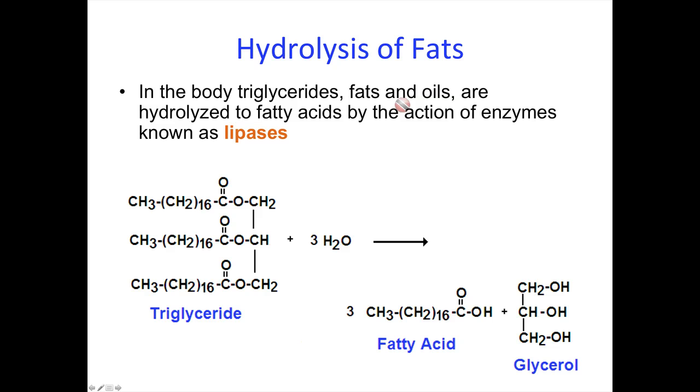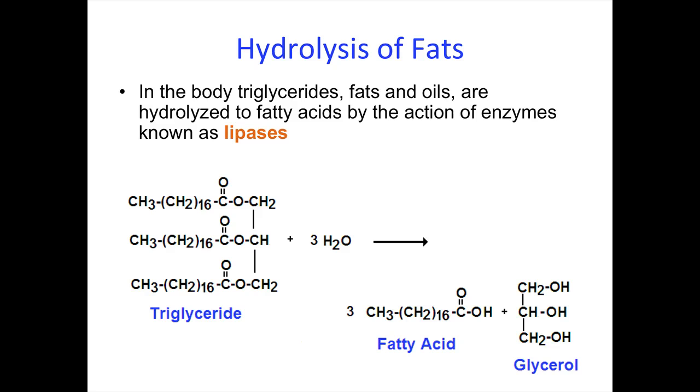Now, just like with fats and carbohydrates, we could use a condensation reaction to make the triglyceride, the TAG molecule with all these ester bonds. It means that we could also reverse the process if we hydrolyze the TAG molecule.